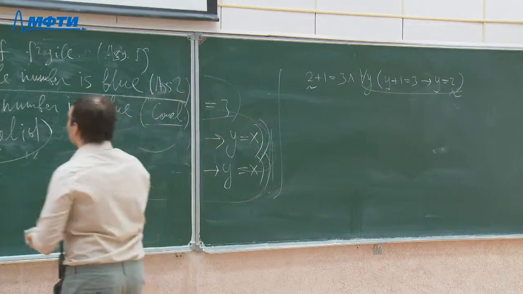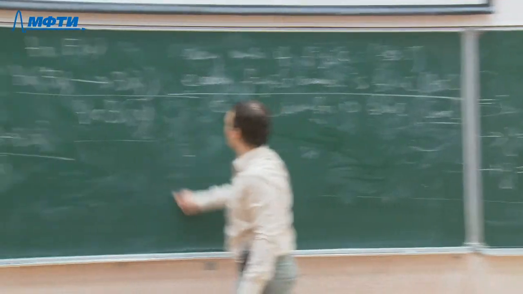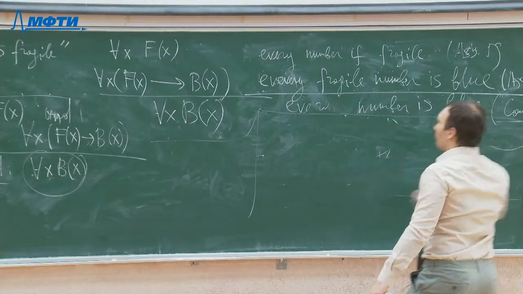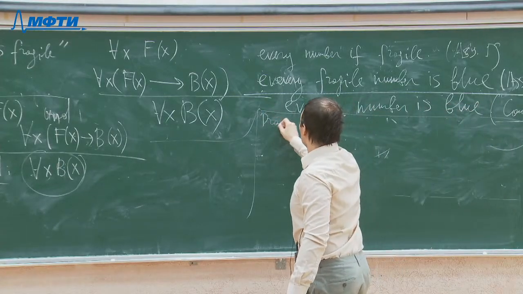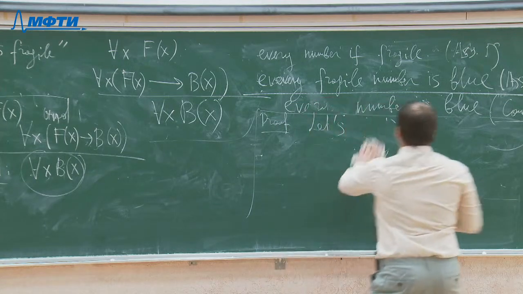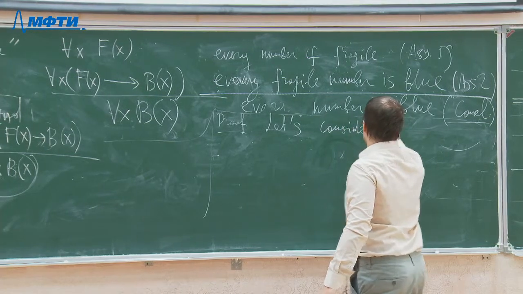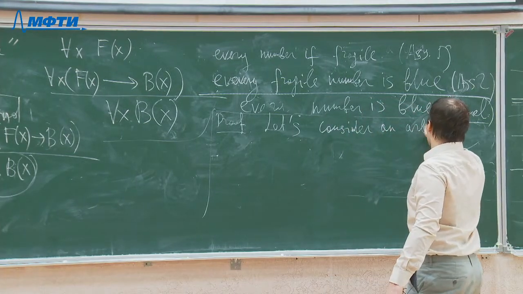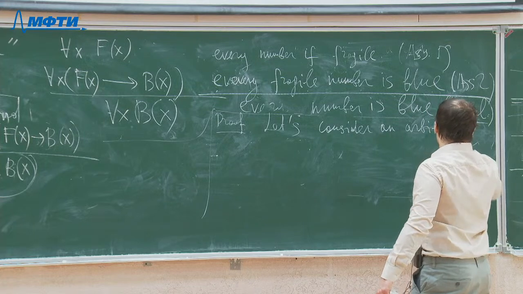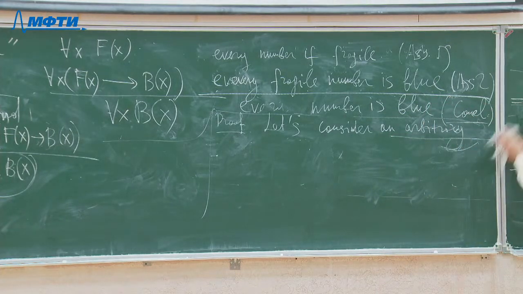So, our proof. Let's consider an arbitrary number. What does it mean, arbitrary?